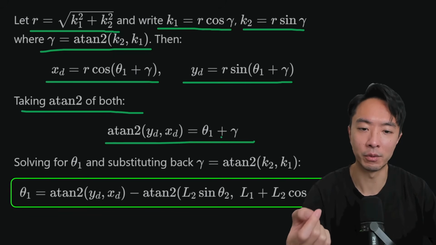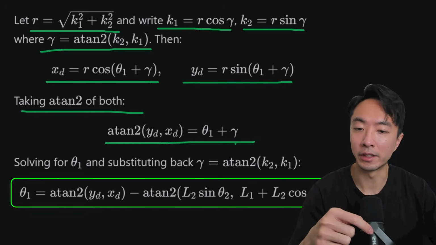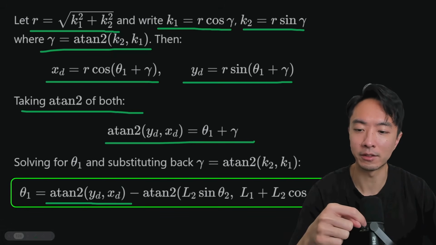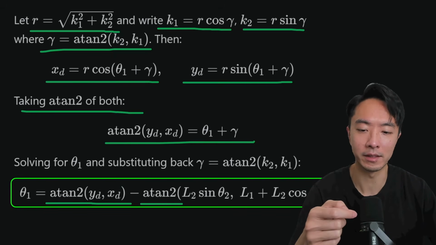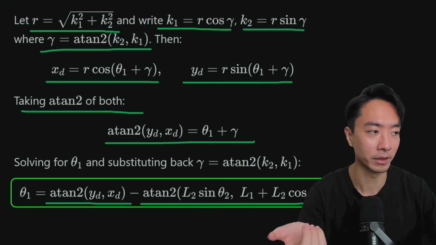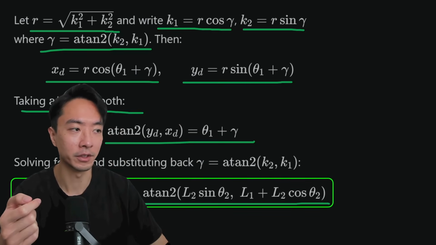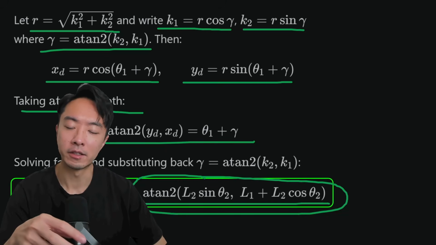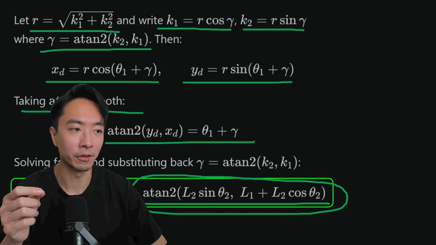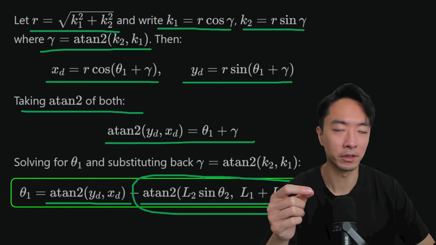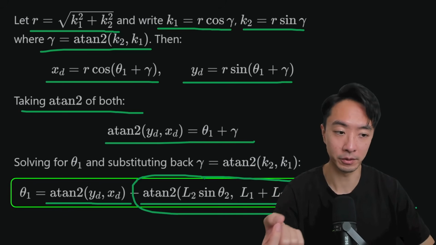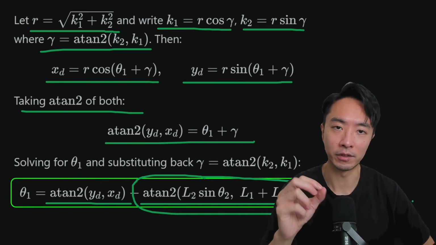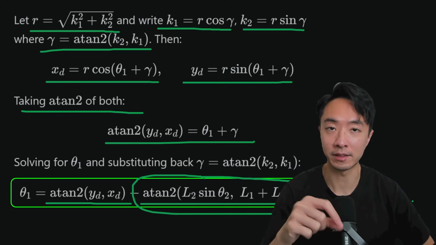So we have θ1 plus gamma. Then all you need to do is substitute it back in, and then we solve for θ1. We get atan2 of yd and xd minus atan2 of this big expression. If I slide over, you can see this is the remainder of the expression that you have to plug in. So basically the idea is we have everything we need, right? Because we solved for θ2, and now our last variable is θ1. So we have the equations for θ1 and θ2 given our tool end position xd and yd.